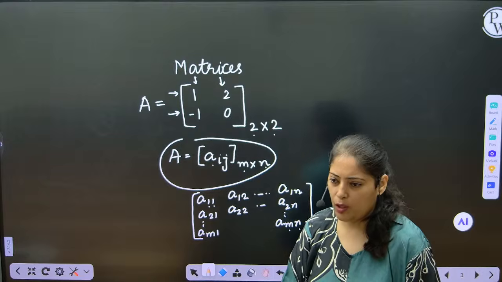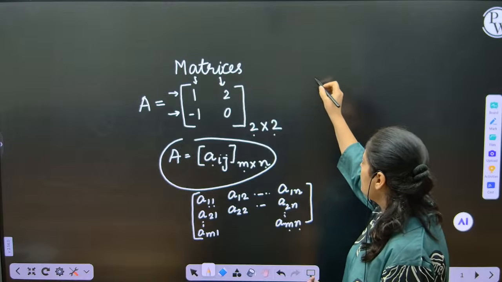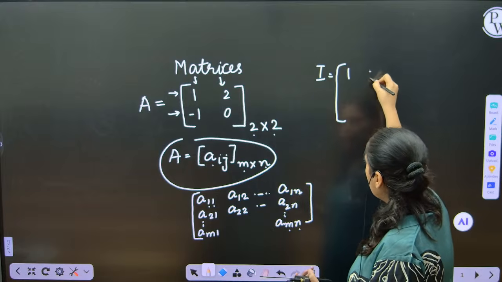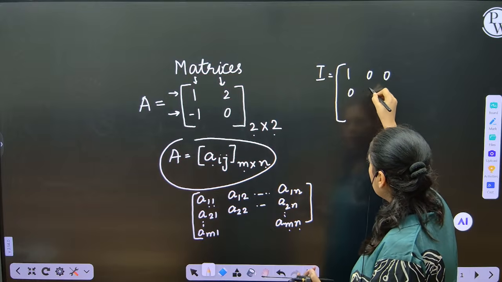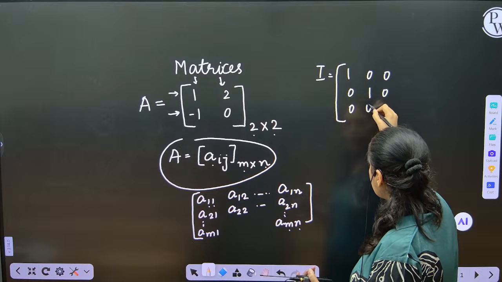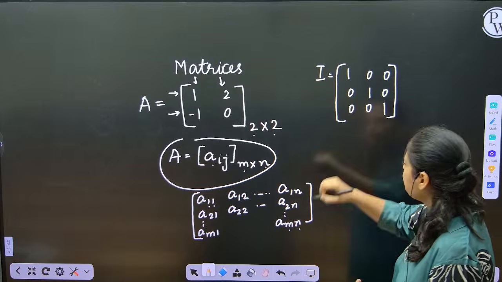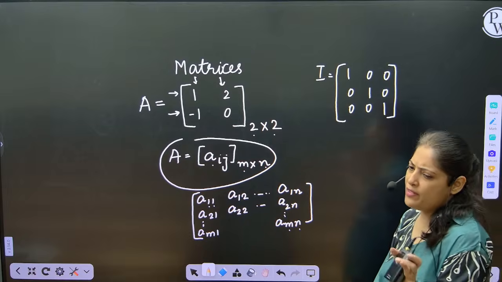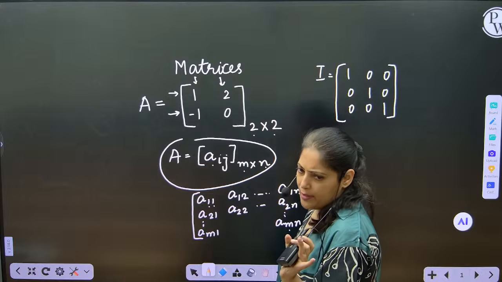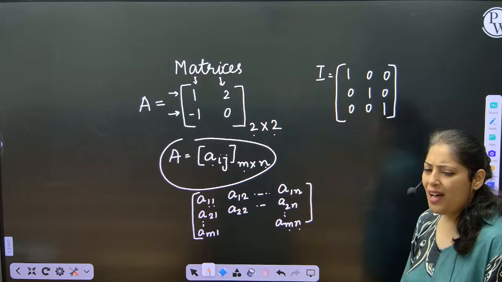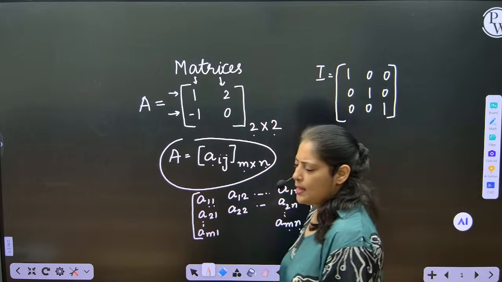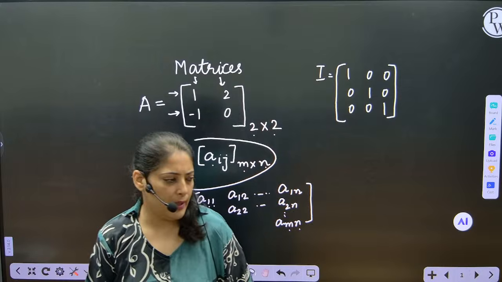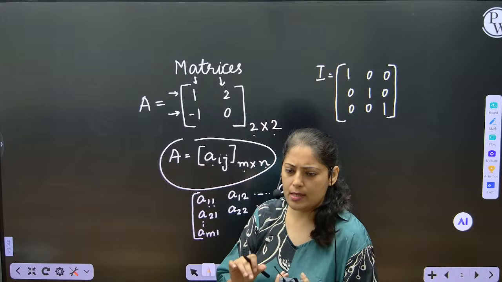Identity matrix was of this kind, 1 0 0, that means all the diagonal elements have to be 1. Null matrix, zero matrix, both are the same thing. And many more, column matrix, row matrix, these kind of things.